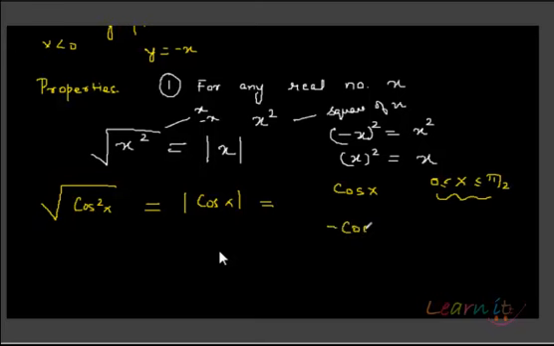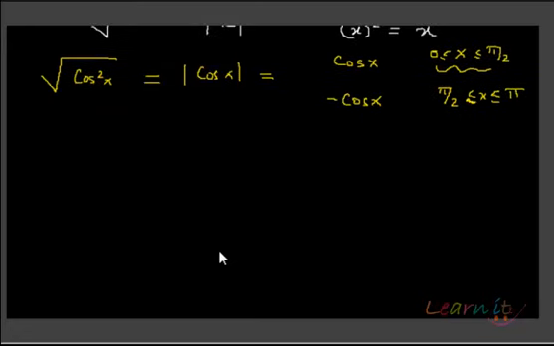In the second quadrant, cos x is negative, so modulus cos x makes that positive. So it is minus cos x when x is between pi by 2 and pi, because cos x is negative and the negative sign makes it positive. That is how you get a modulus value which is positive.